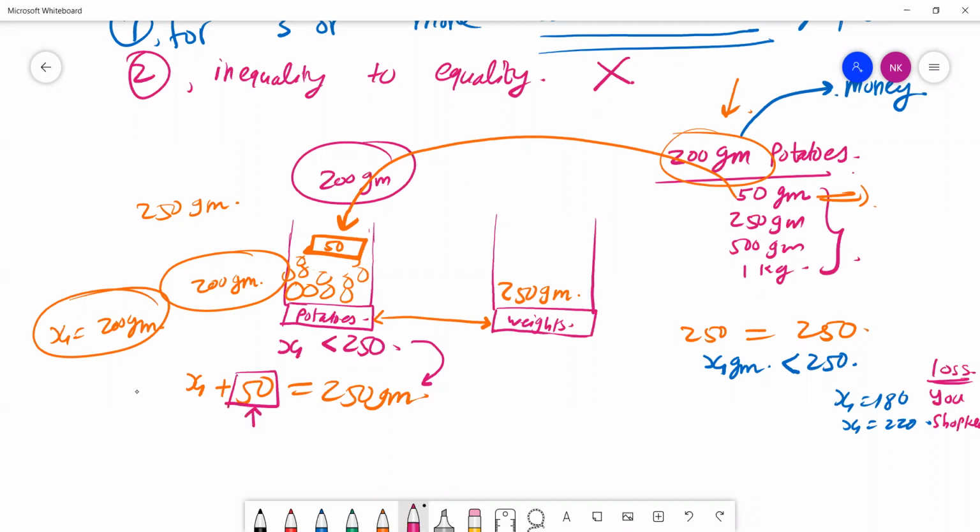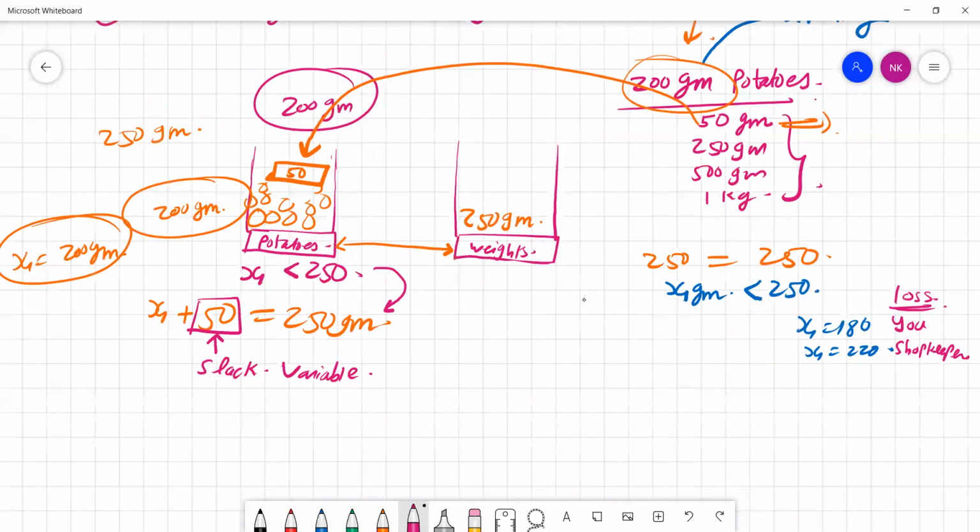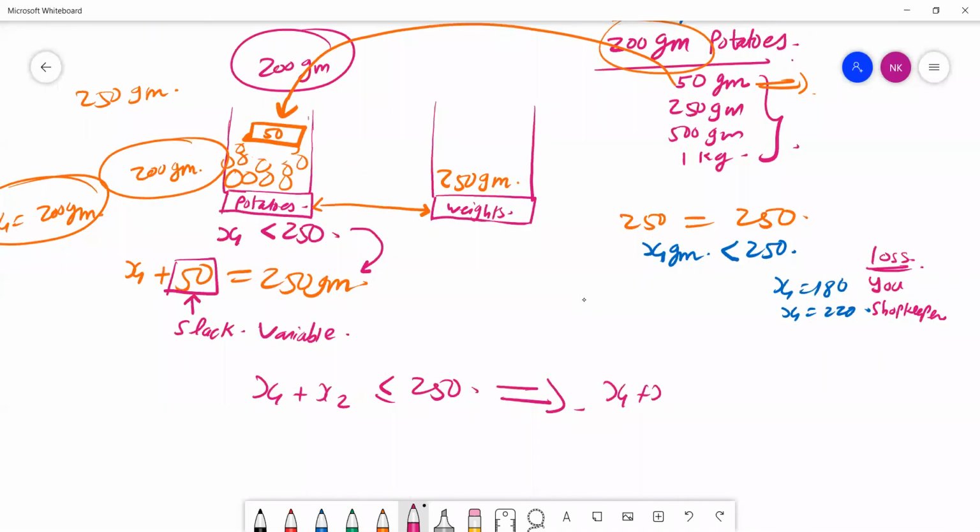In terms of the simplex method, this is called the slack variable. For example, if we are having an equation like x1 plus x2 is less than or equal to 250, I will not directly write x1 plus x2 is equal to 250.